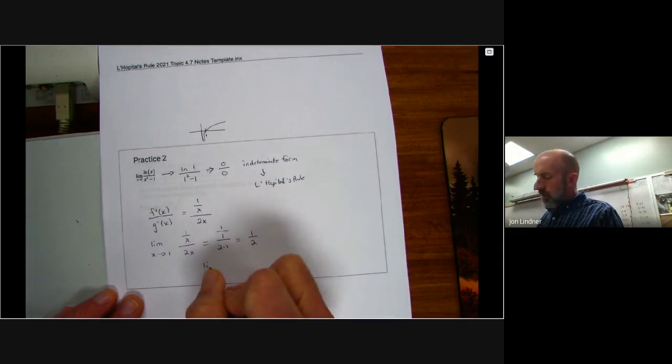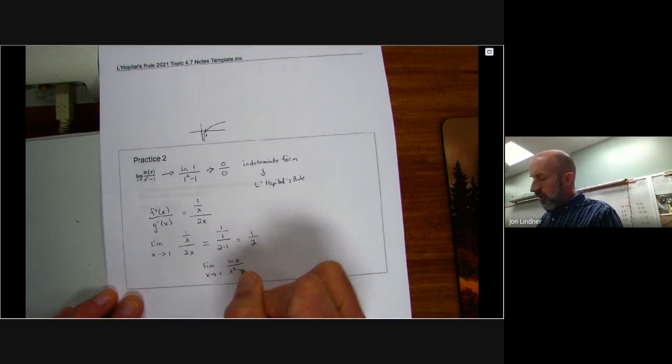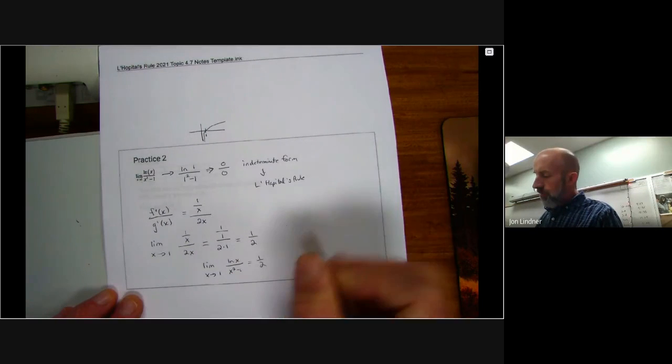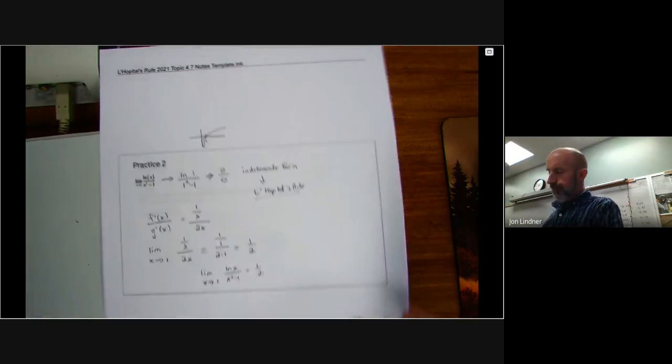So the limit as x approaches 1 of the natural log of x over x squared minus 1 is 1/2, thanks to L'Hopital's rule.